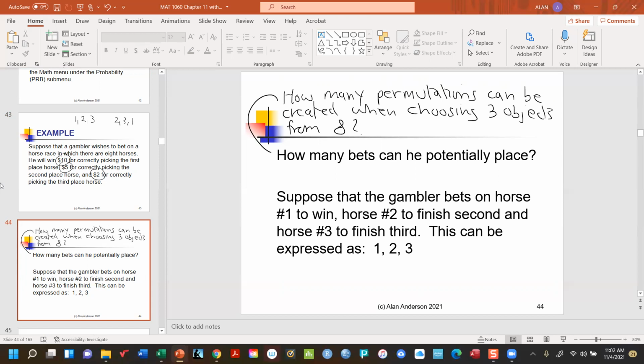That's essentially what you're being asked. And so N would be 8 in this case, and R would be 3.